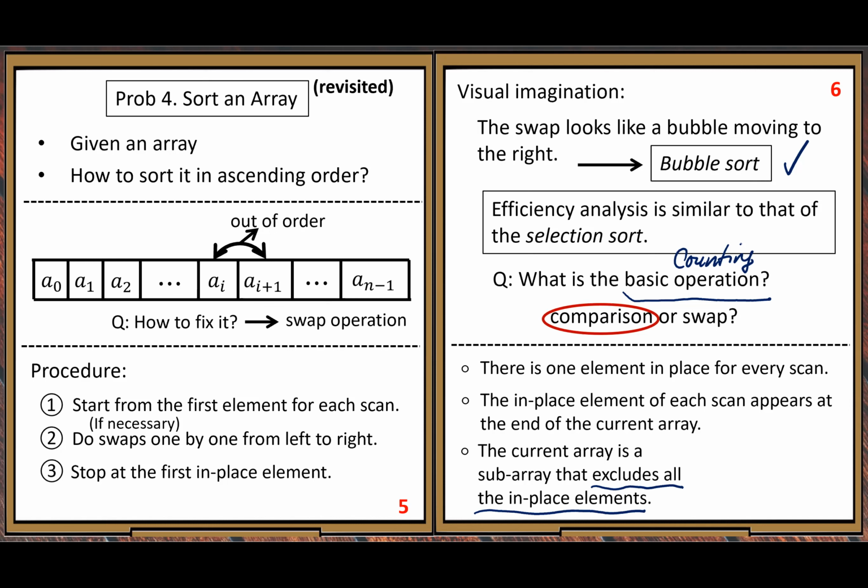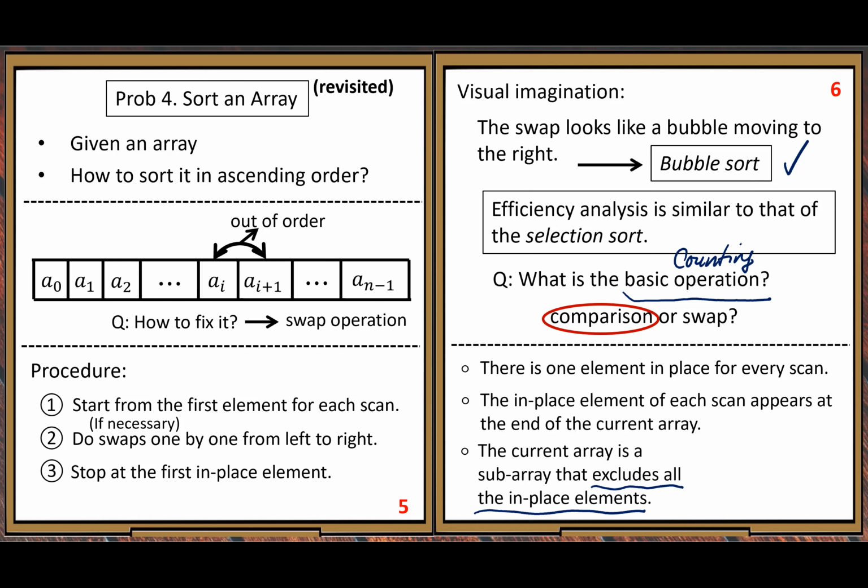Think about if your array is already sorted, then you won't need to do any swap operation, right? Already in order. You do not need to fix any inversion. There is no inversion in the array, so you do not need to apply any swap operation.